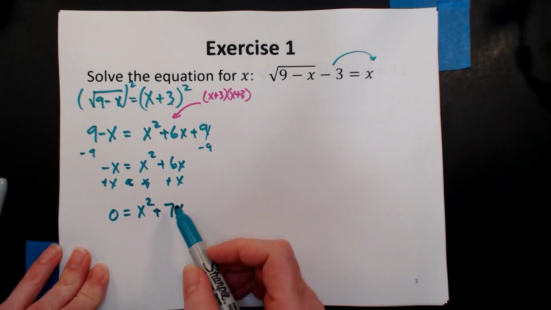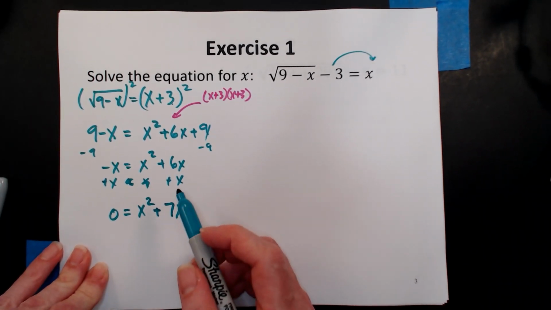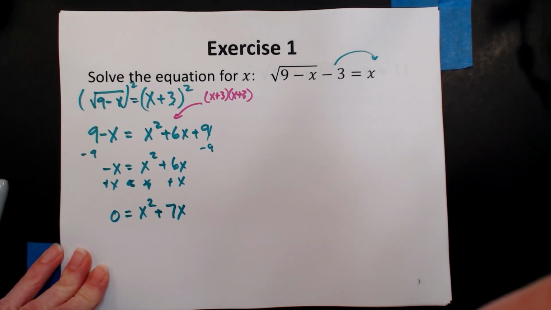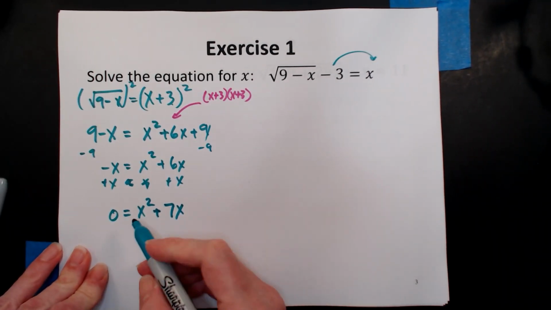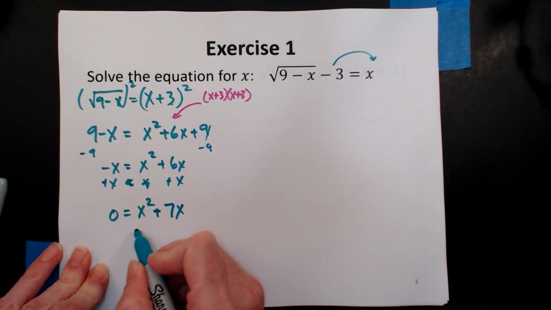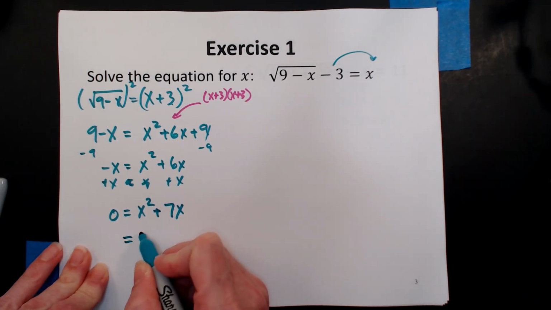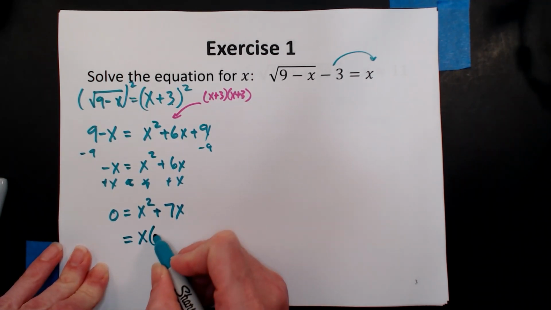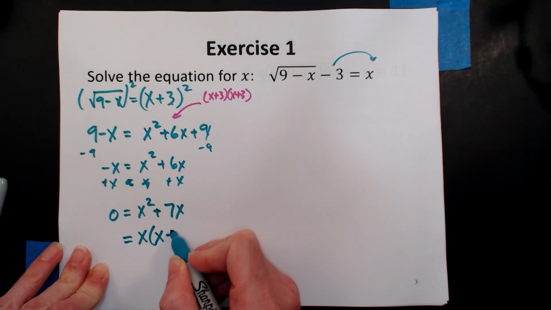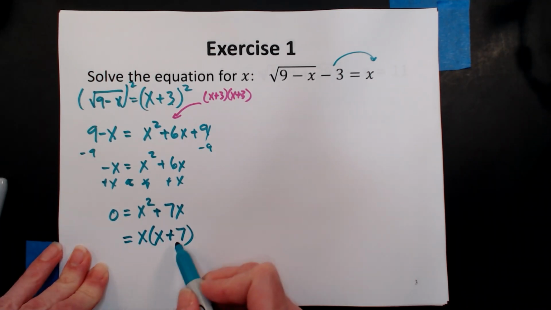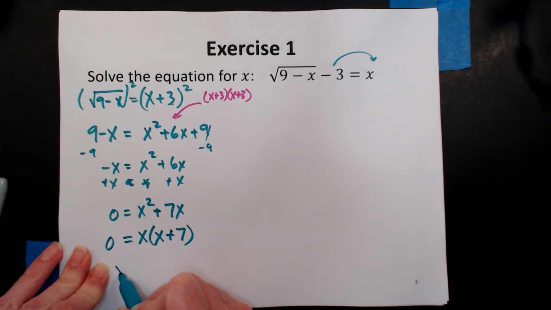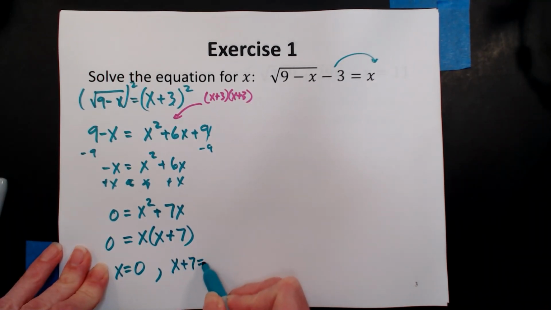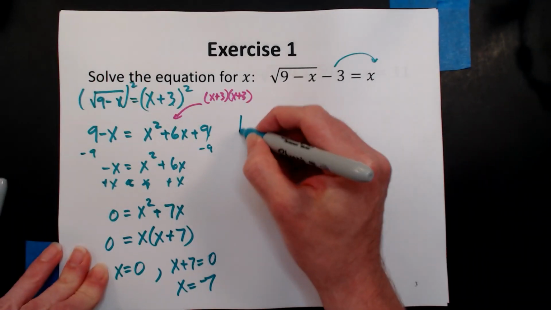Now this is a quadratic, so we set it equal to 0 and solve. It already has 0 on one side. All I have to do is factor out the greatest common factor. You don't need to undo FOIL, because it already has a greatest common factor. And then we get two linear factors here. So x can equal 0, or x plus 7 can equal 0, which means x equals negative 7. So now we go over here and we check.